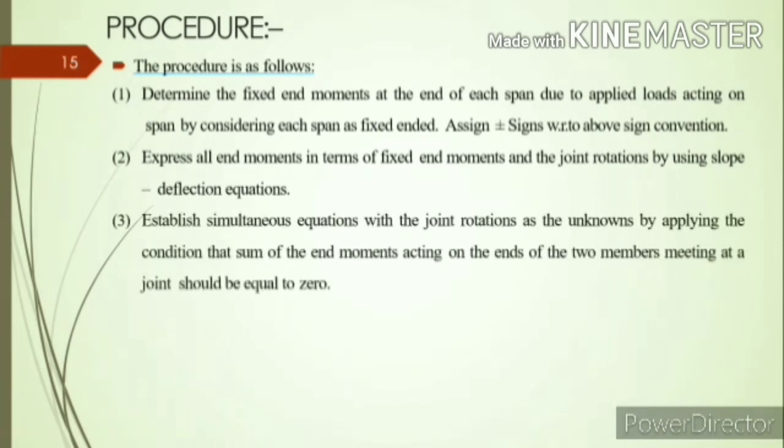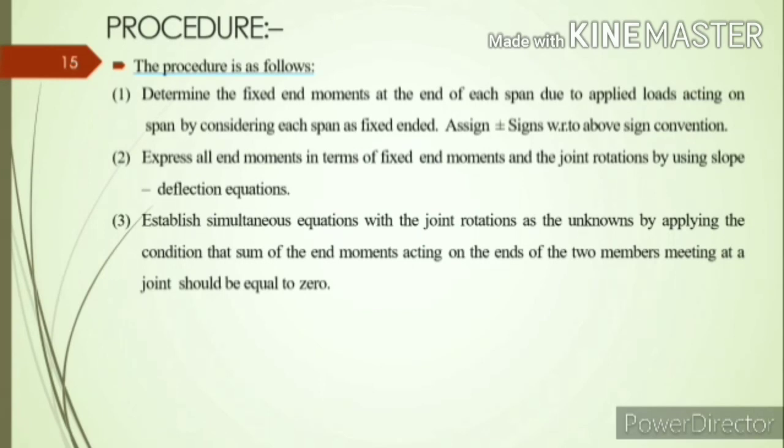Then the third step is to establish the simultaneous equations with the joint rotations as the unknowns, by applying the condition that the sum of the end moments acting on the ends of the members meeting at a joint should be equal to 0. This is the joint equilibrium equation. A joint means more than two members meeting at a point.